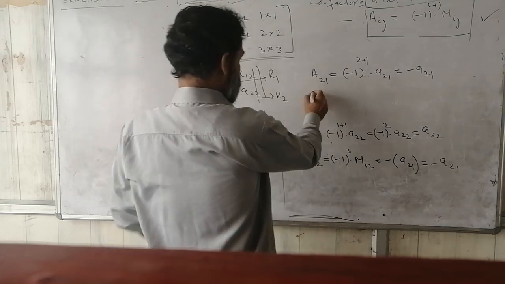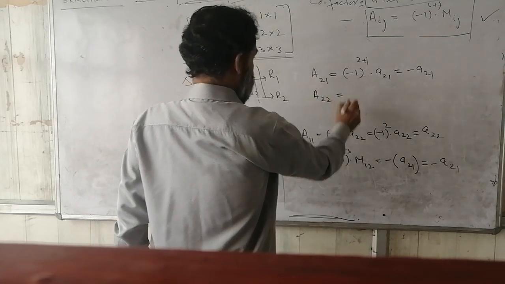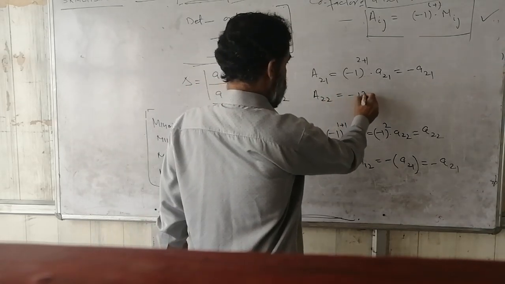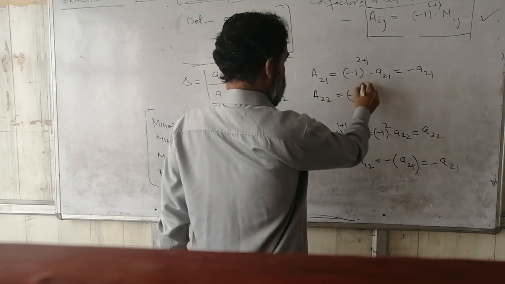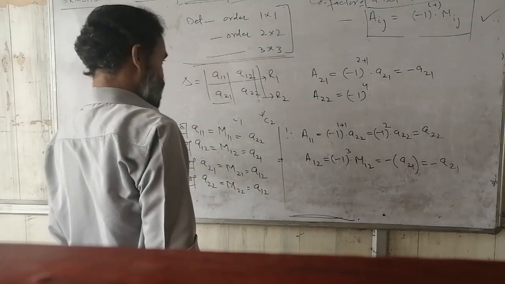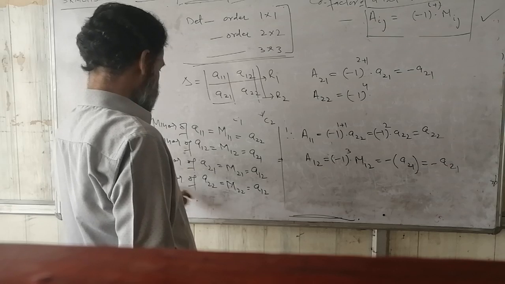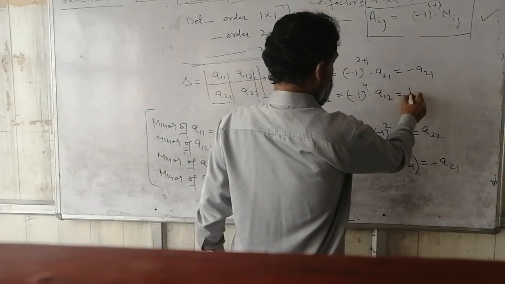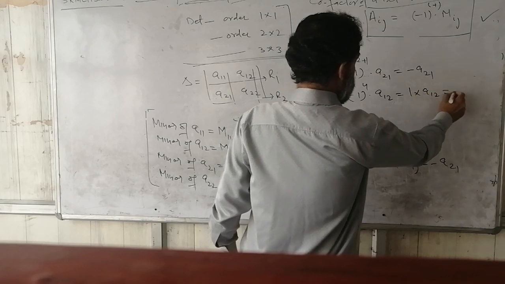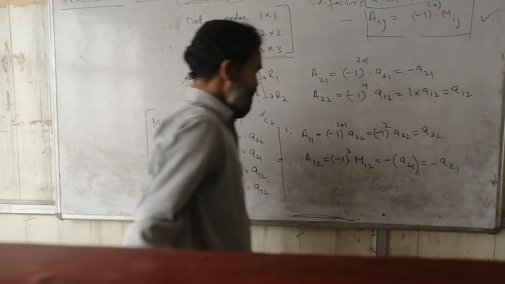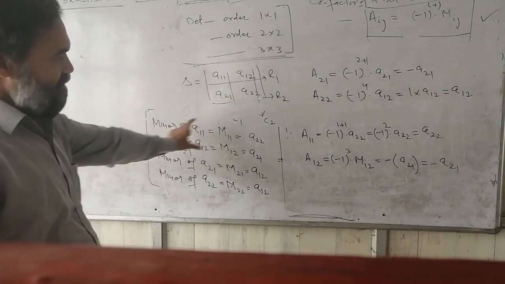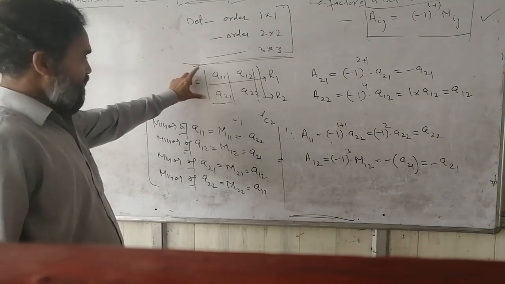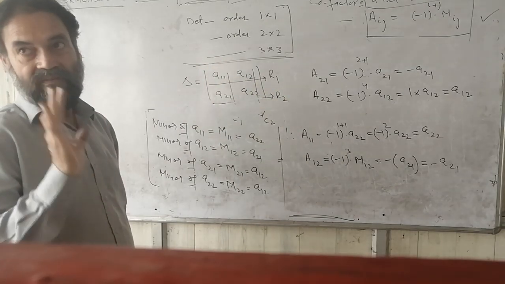If I have to find the cofactor of this A21, this will again be (-1) to the power 2 plus 1 into the minor of A21, and this is A12. This will be minus A12. And lastly, the cofactor of this is (-1) to the power 2 plus 2, which is 4 here, and its minor is A11. So it is 1 into A11, this is A11. This is how the minor and cofactor of elements of a determinant are found.